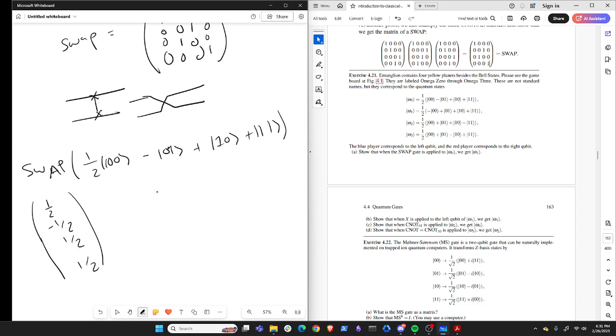But we already know that these two are going to switch places, so we can just simply rewrite it as 1/2. State 0, 0 and state 1, 1 are unaffected. So this becomes plus 0, 1, and this becomes minus 1, 0, which is equivalent to W3, as they say here.